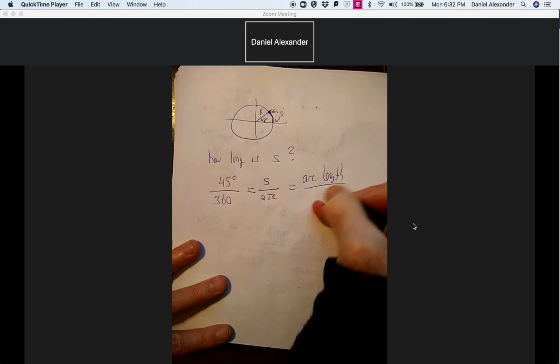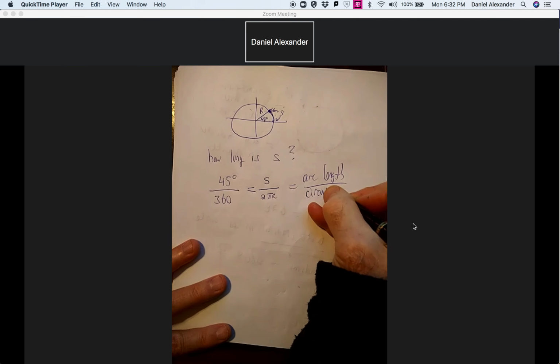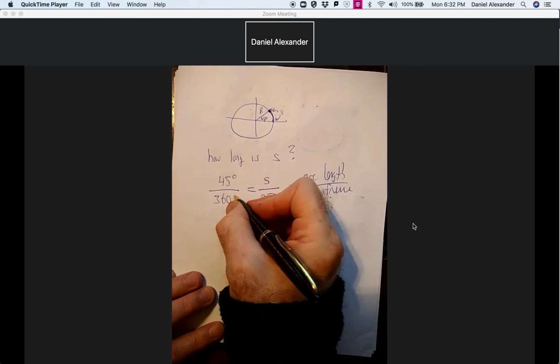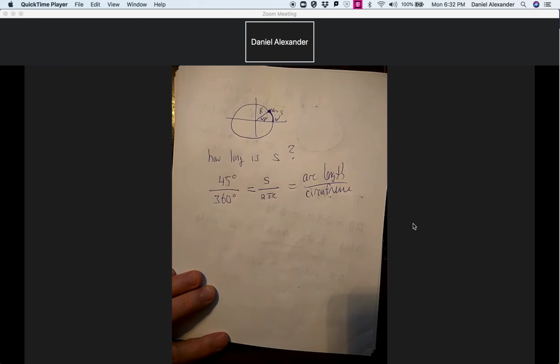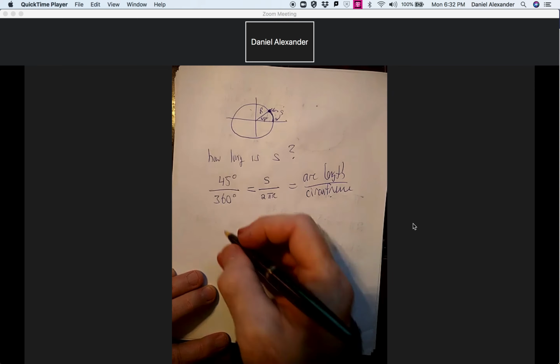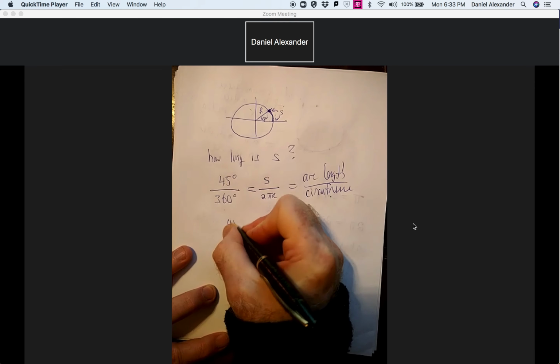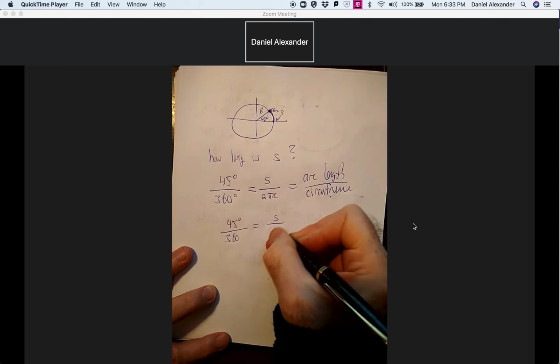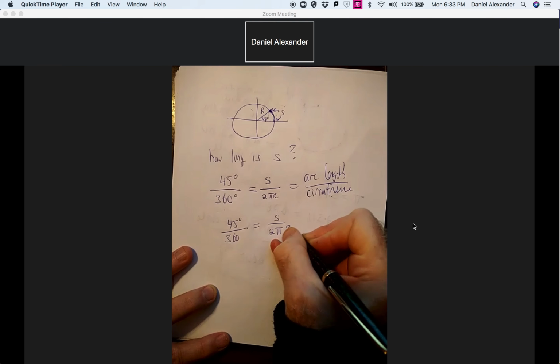The length of an arc to the circumference is the same ratio as the size of the angle is to 360. So I say, okay, 45 over 360 is equal to S over 2 pi r.